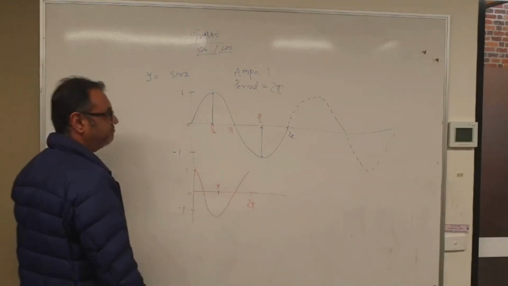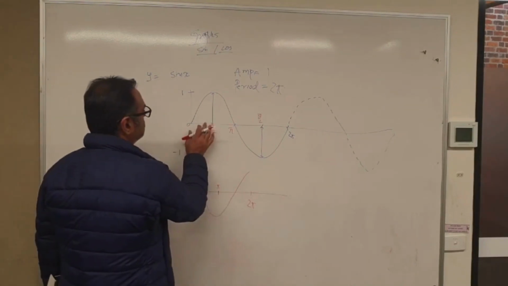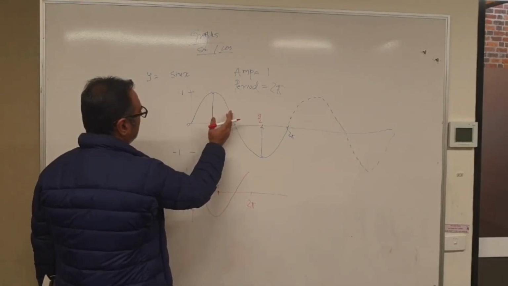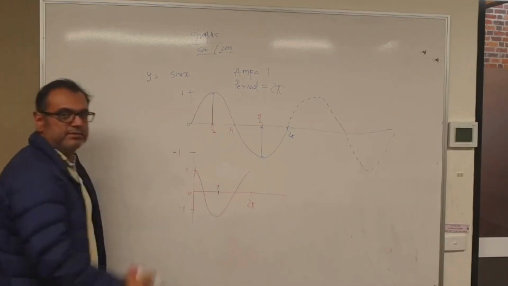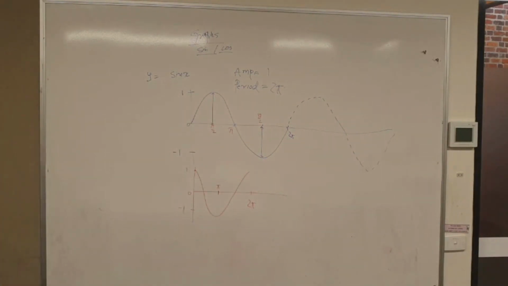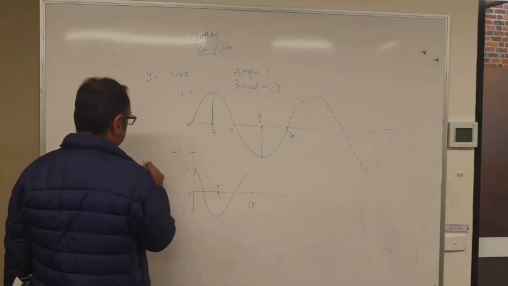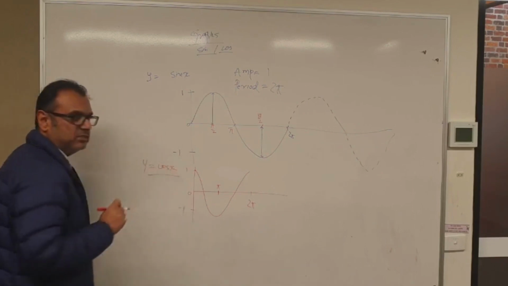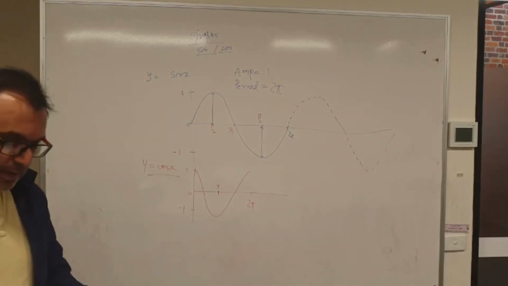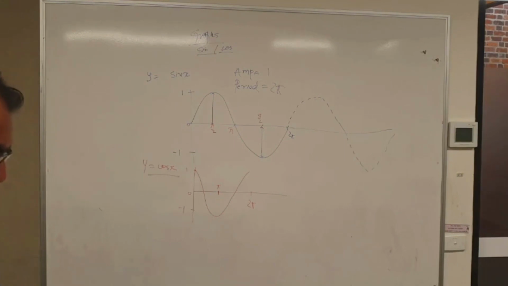Yes. So it's horizontally translated. So it's come here. Correct. All right. This is what it is. So that is y equals cos x.